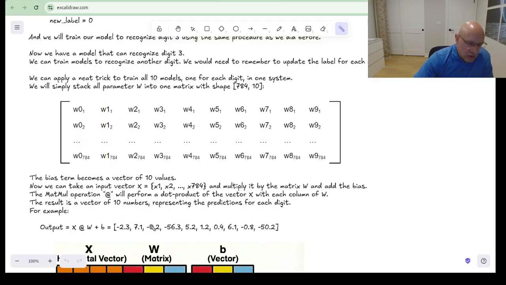Each of these numbers is essentially our prediction for each of the digits. If I'm trying to find which is the maximum here, this is the highest number, so probably our model predicts that this is digit 1, because we are 0-indexed, so this would be the prediction for digit 0, this is the prediction for digit 1, and so forth. And this is the highest number, so probably our model predicts that whatever we put in the input is the digit 1.